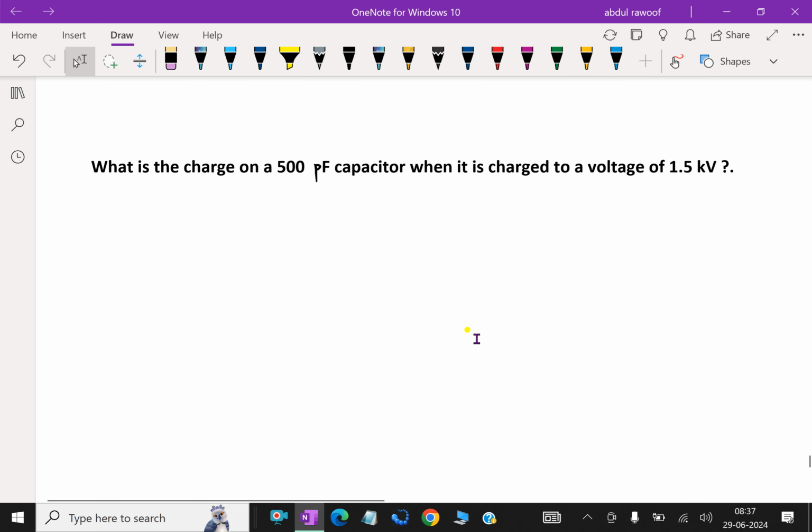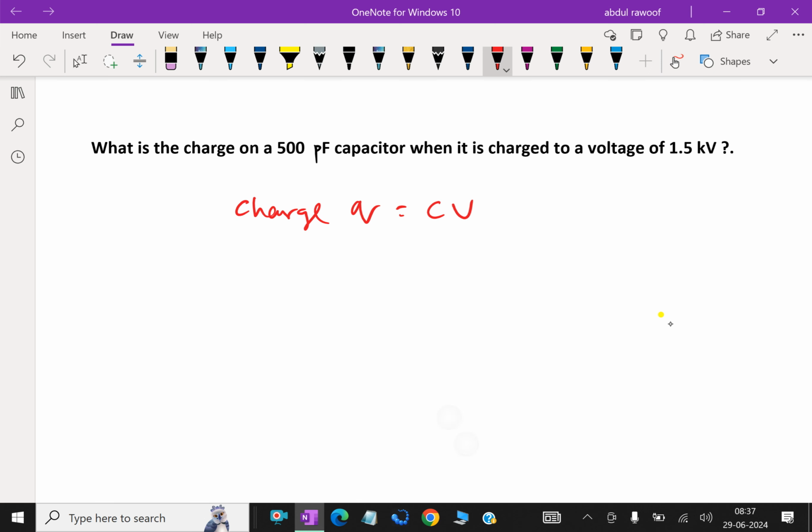Then next question, what is the charge on a 500 picofarad capacitor when it is charged to a voltage of 1.5 kilovolts? Now charge Q equals CV. Therefore Q equals capacitance, 500 into 10 power minus 12, picofarad is 10 power minus 12 farad, into 1.5 kilovolt, 1500 volt.